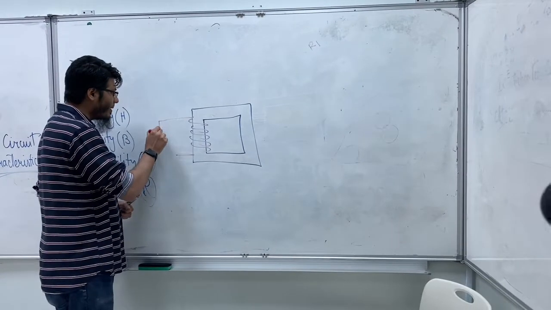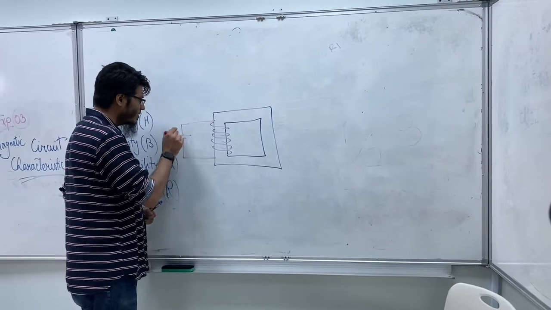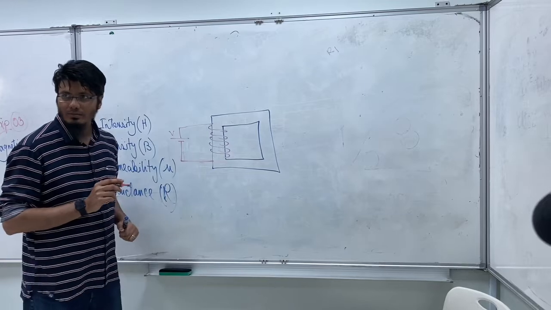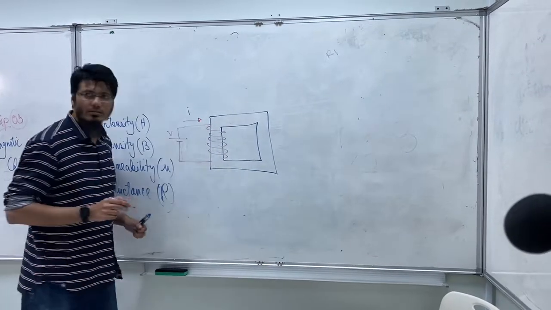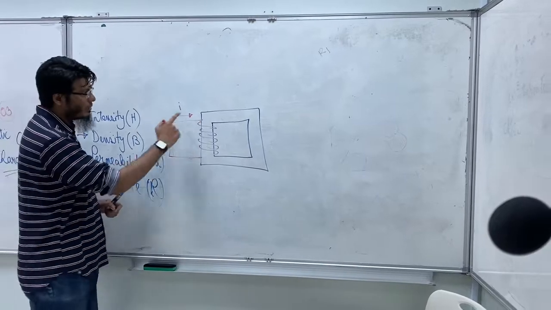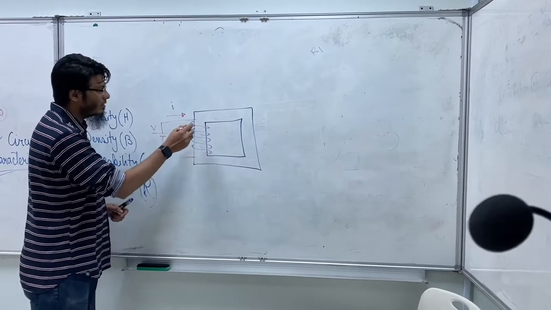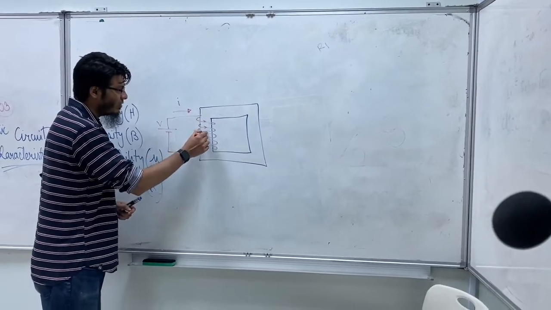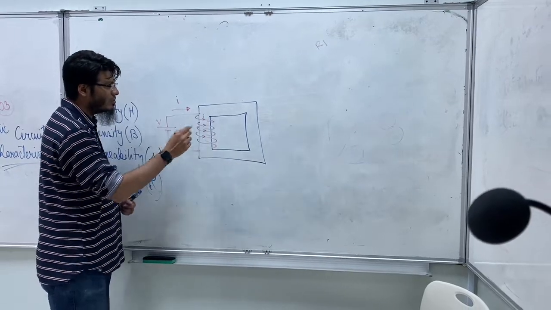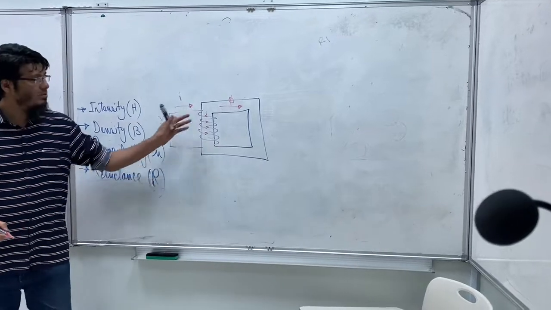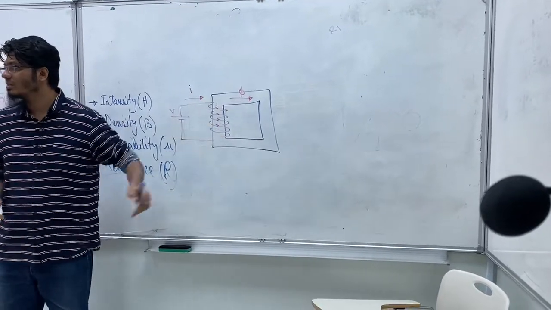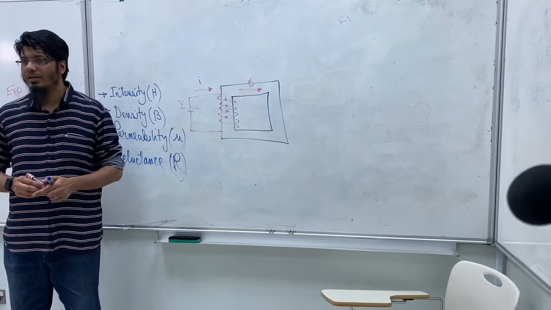And then we will apply the voltage V, for example. Because of this V, a current I will start flowing inside the coil. If I flows, a flux phi establishes here, and this makes the magnetic circuit, isn't it? This is how we make the magnetic circuit.